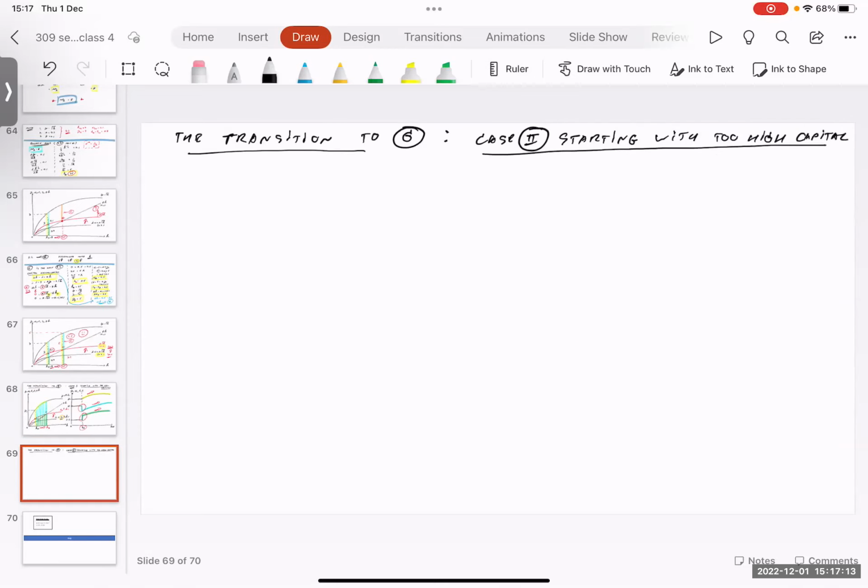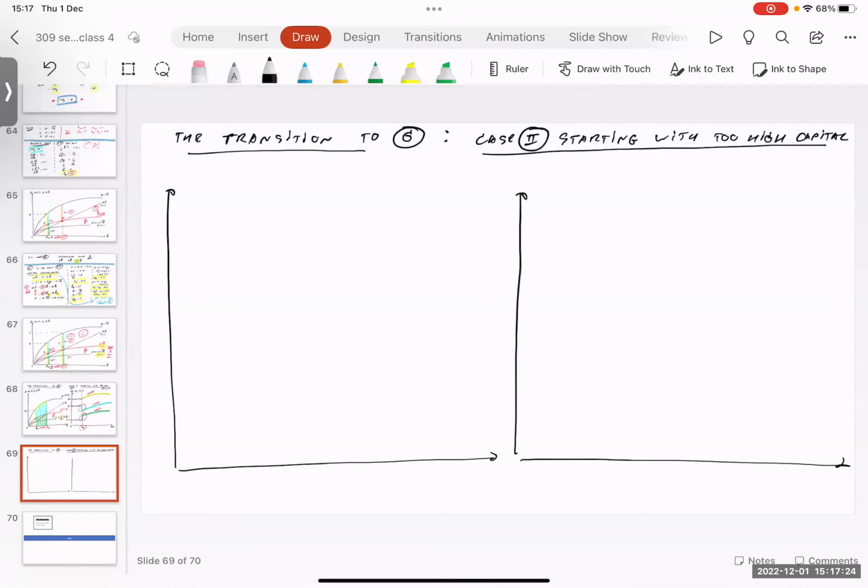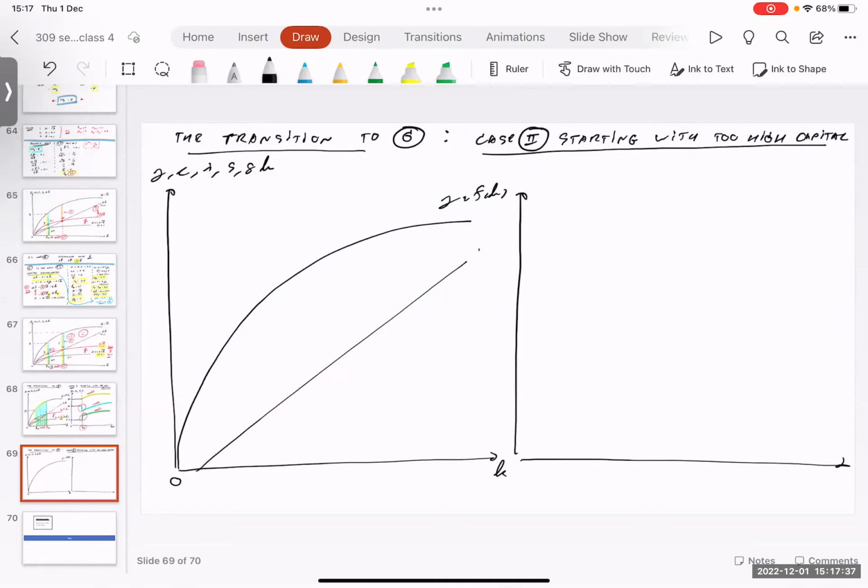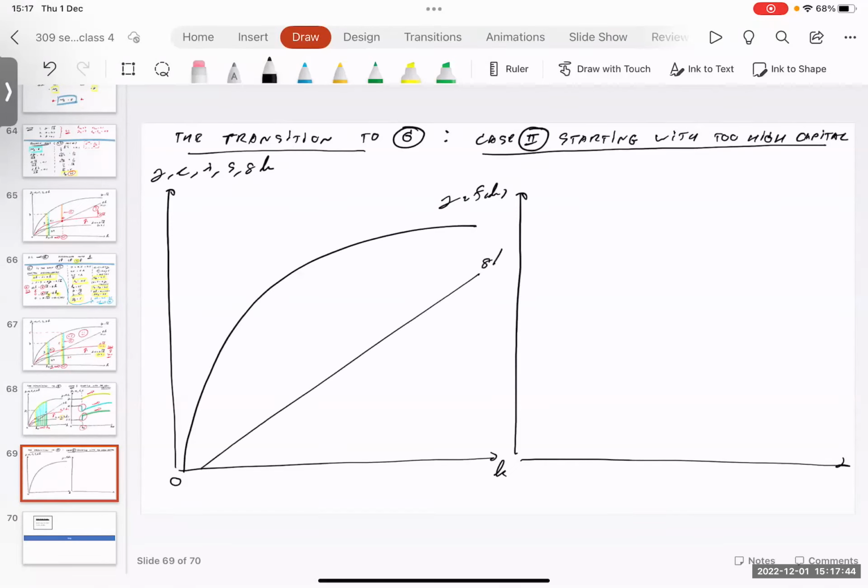Okay, again, drawing two graphs, one on the left and one on the right. Okay, and then your country is here.